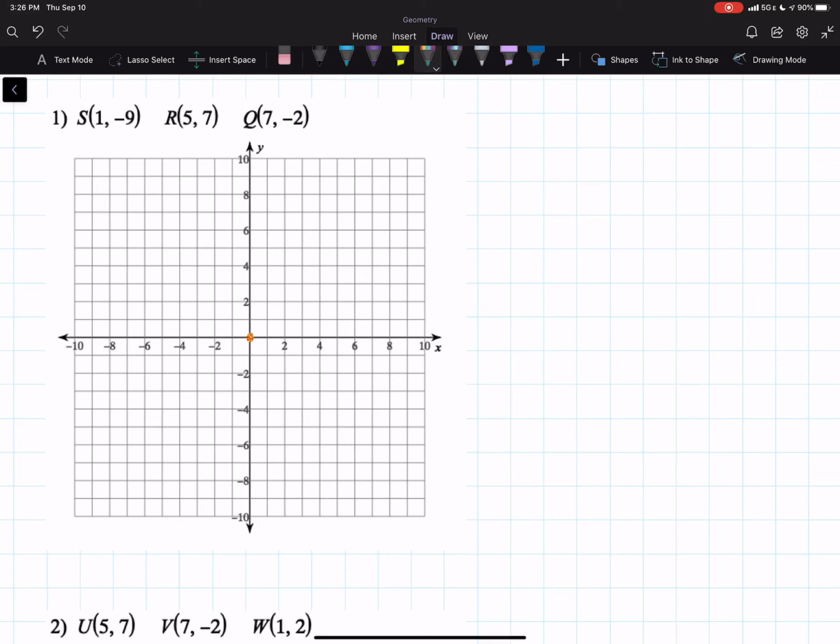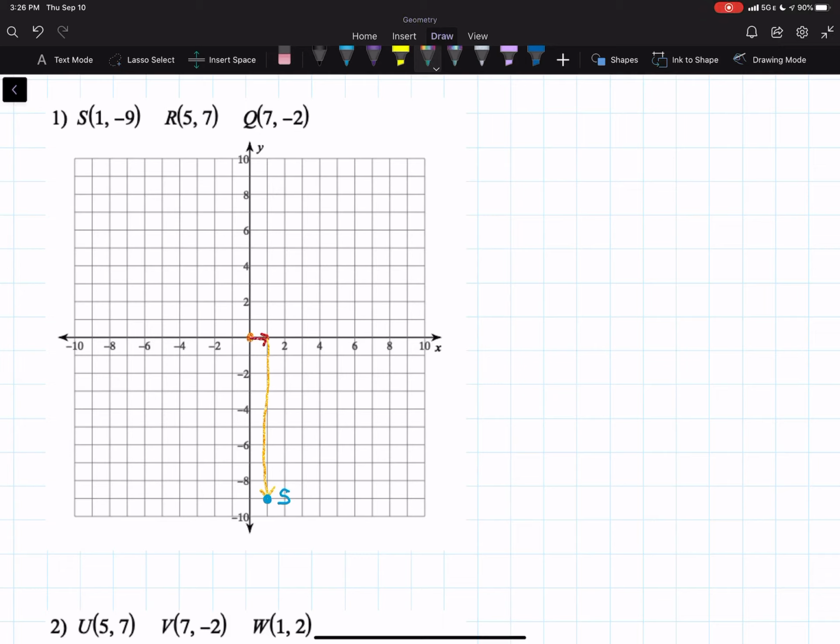And you're going to go positive 1, that's to the right 1. And then we're going to go negative 9, and negative is down. So down 9. Boom, right there. So my point is going to be right here. I'm going to name that point S. So always make sure you label the point if you're supposed to.